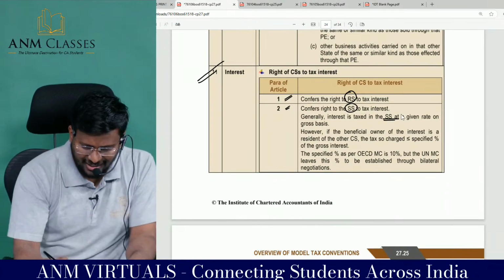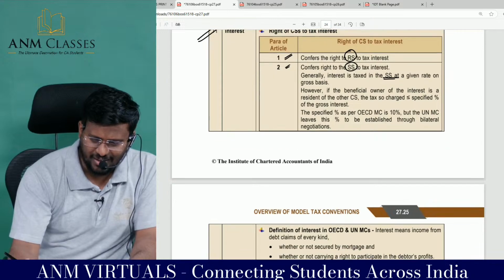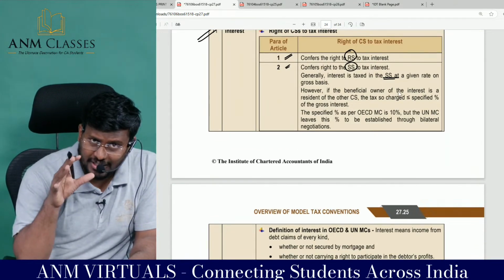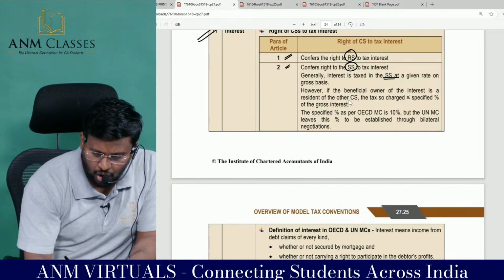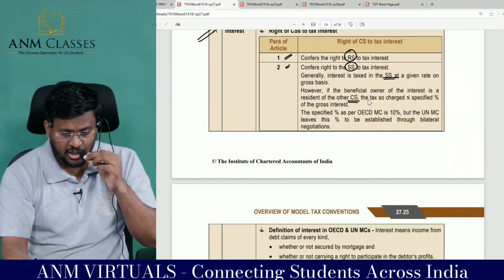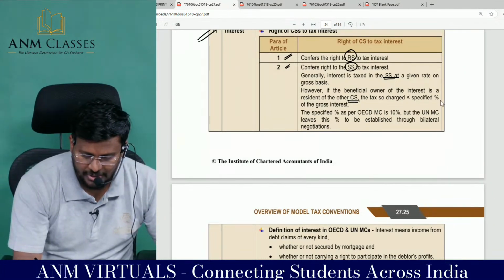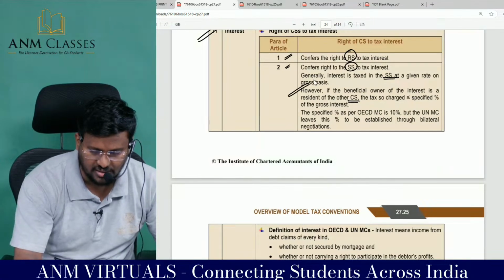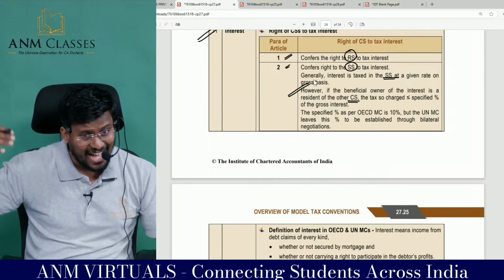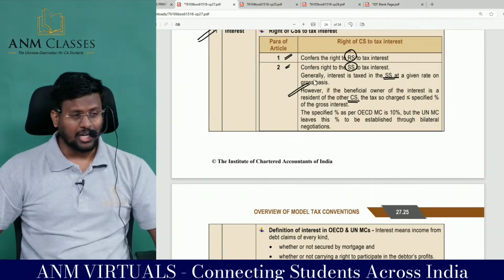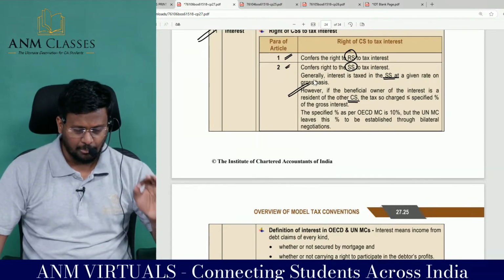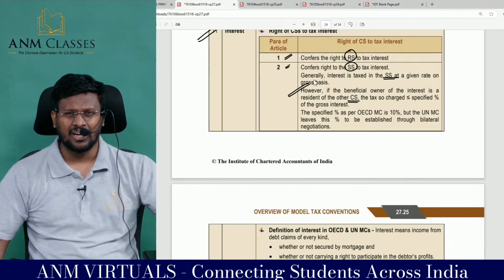Comfortable. So generally interest is taxed in the source state at the given rate on a gross basis. However, if the beneficial owner of the interest is a resident of the other contracting state, then the tax so charged should be less than or equal to a specified percentage of the interest.